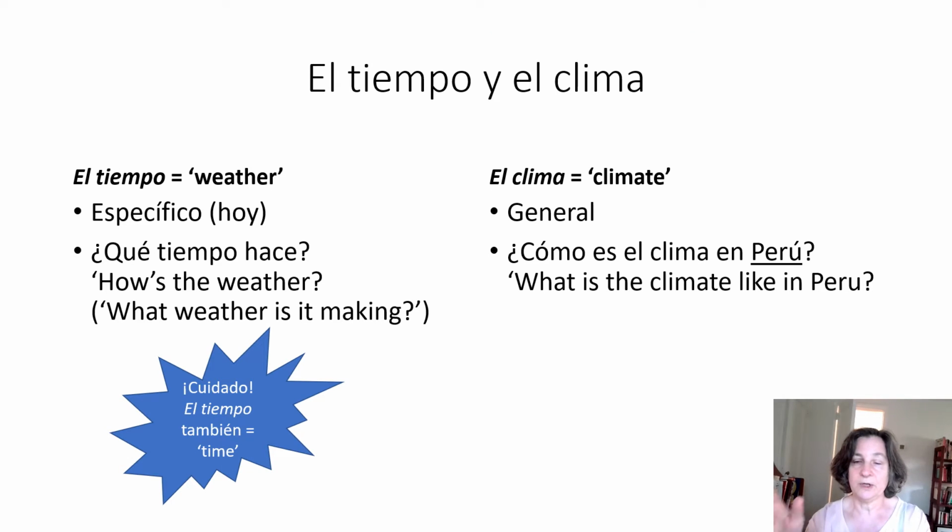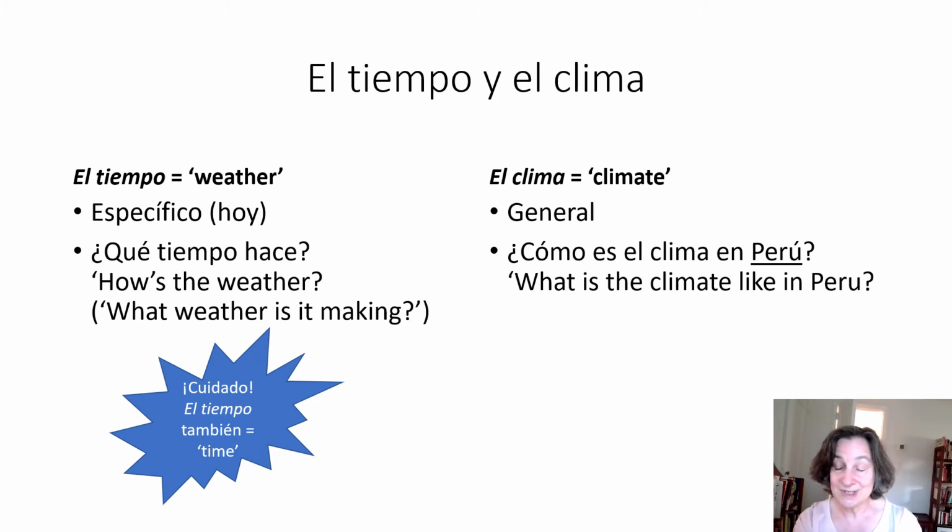So, es muy importante distinguir entre el tiempo y el clima. El tiempo es weather y es específico. When we ask about the weather, we want to know how the weather is today. And the question we ask is, ¿qué tiempo hace? Meaning, how's the weather? Or literally, what weather is it making?